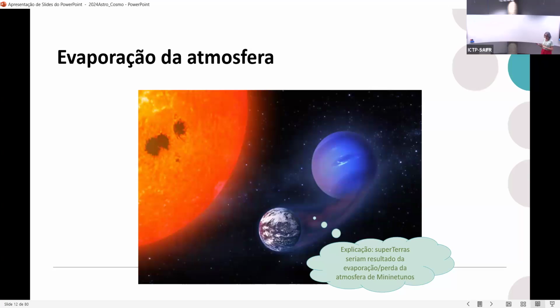So super Earths are bare, bald, if you wish, Neptunes. The estimate is about 15 to 20 percent rocky. So most of it is just the atmosphere.